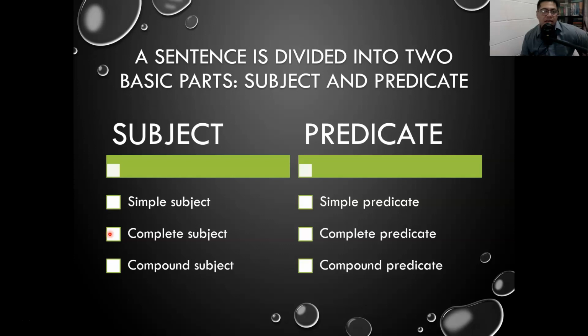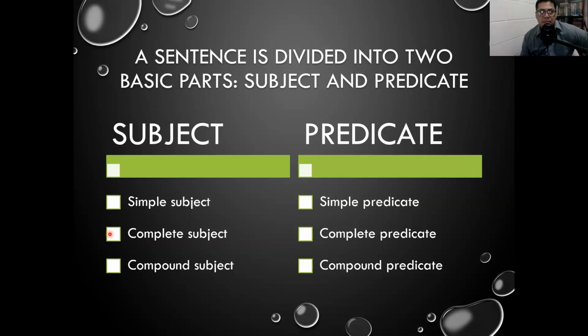My friend and his sister live in Canada. What is the simple subject? Or what are, let me correct myself, what are the simple subjects? My friend and his sister. My is modifying friend. His is modifying sister. So I say that friend, comma, sister are the compound subject of that sentence.